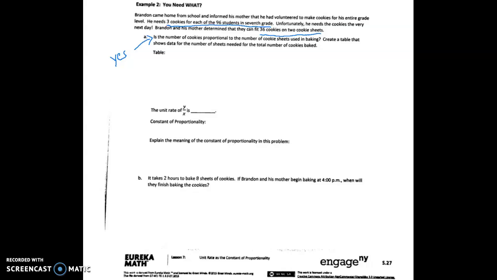Because if you fit 36 cookies on 2 cookie sheets, well then if you doubled it to 4 cookie sheets, then you'd fit double 36 to 72. And that's what we're going to do next right here. We're creating a table, and this is a really good strategy. So again, we're going to have the number of cookie sheets, and I'm sorry, this is sloppy.